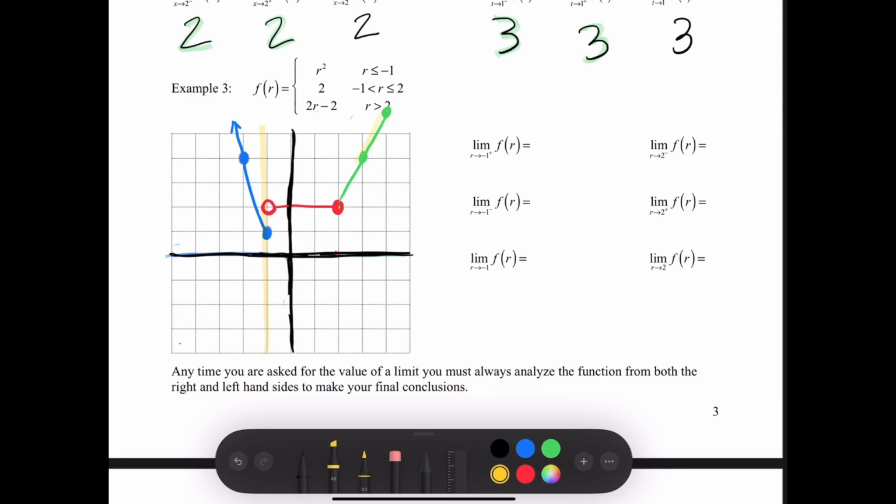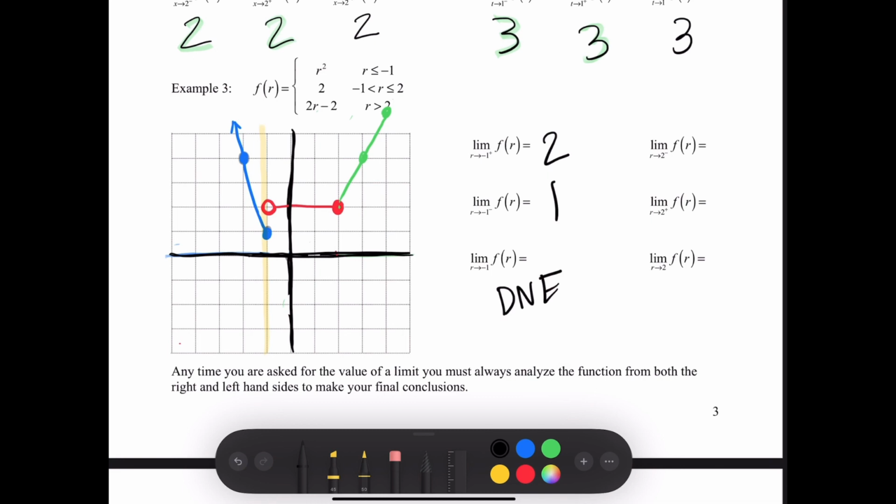So as I move from the right, I'm reaching a y value of 2. There we go, 2. And as I approach -1 from the left, I reach a y value of 1. And so because the limit on the left and the right do not match up, 2 and 1 are not equal, I'm going to say that the limit does not exist.